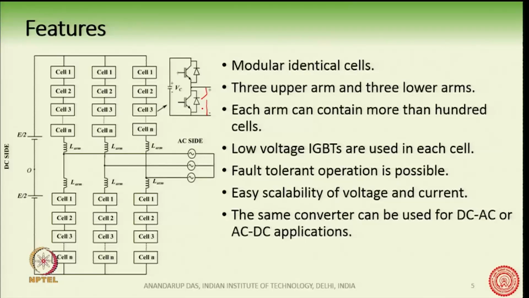If I want a higher voltage, we can connect more cells in series to get a higher voltage. For example, we have a plus minus 400 kilovolt application and we use a certain n number of cells. But in another application, if we have a plus minus 200 kilovolt requirement, then we can reduce the number of cells.